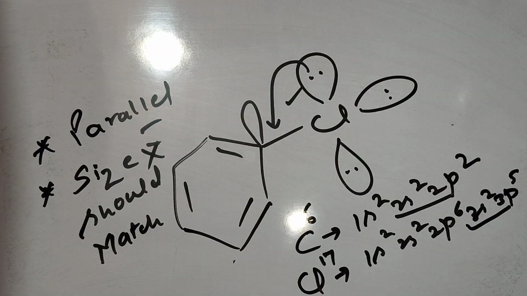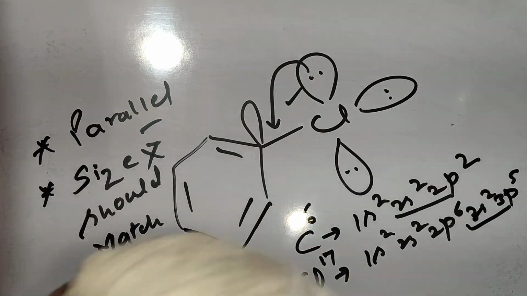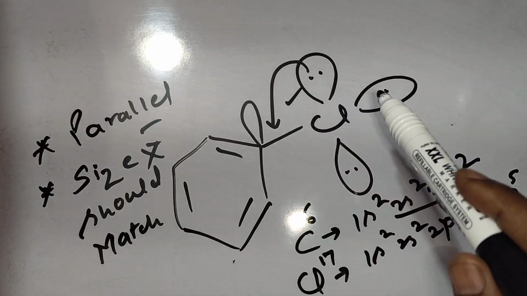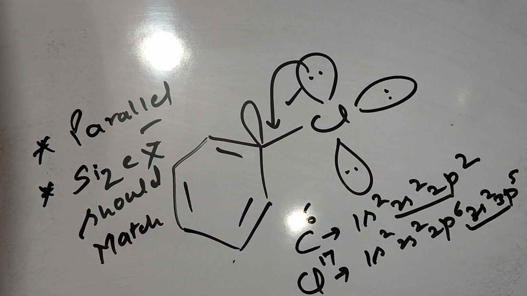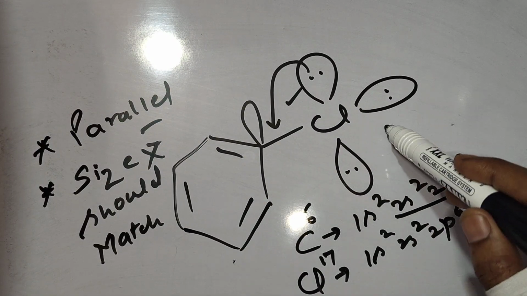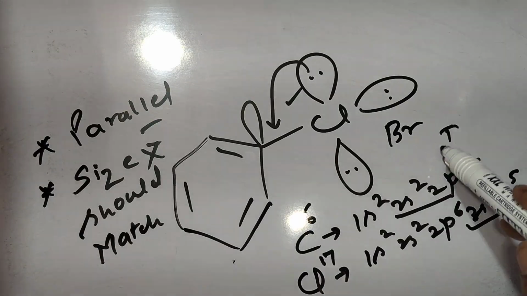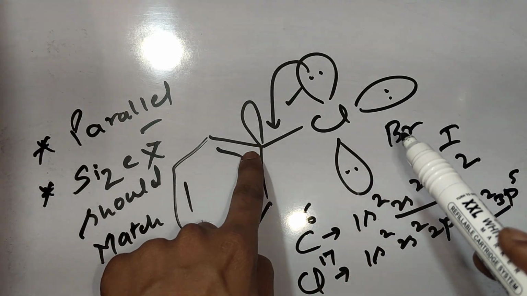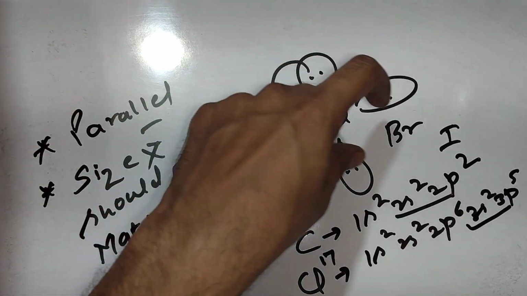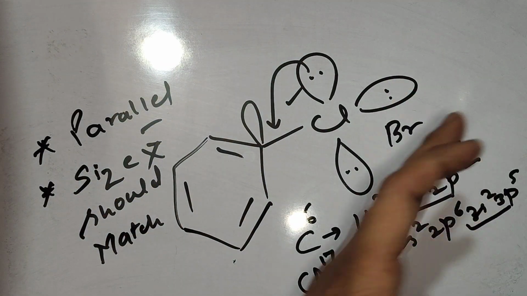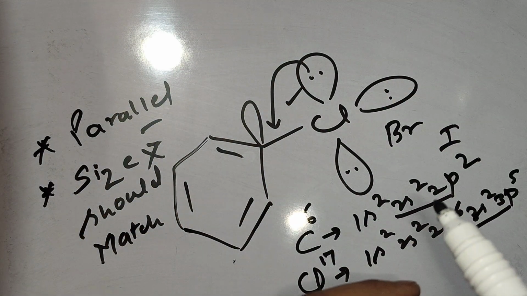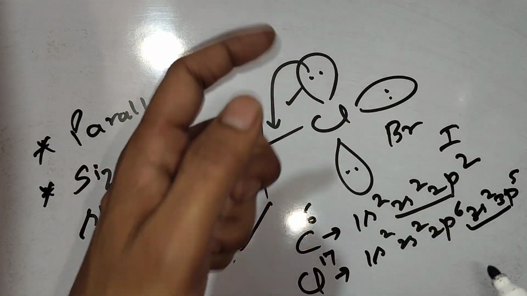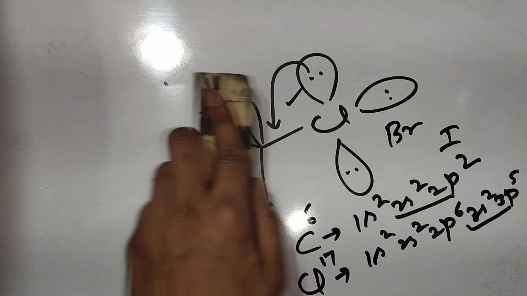Chlorine atom is bigger as compared to carbon. That's why the orbital sizes are not matching, and proper overlapping is not happening. Obviously bromine and iodine also don't have the same orbital size as carbon. We know from chlorine to iodine the atomic sizes are increasing. So don't you think atomic sizes will become much bigger as we move toward iodine? So proper overlapping is not there with carbon.